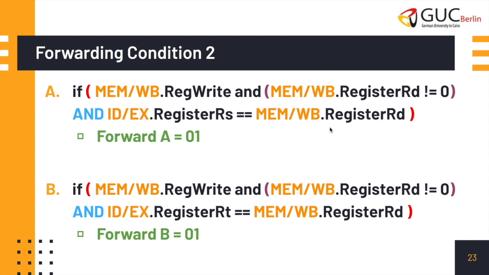So the RS register of instruction n+2 is equal to the RD register of instruction n. Therefore, forward A will be 0, 1, meaning you need to forward the data from the mem/write back pipeline register.